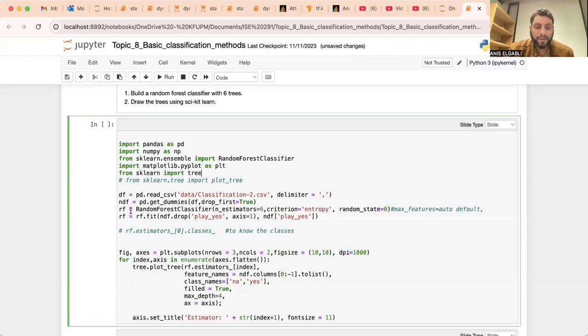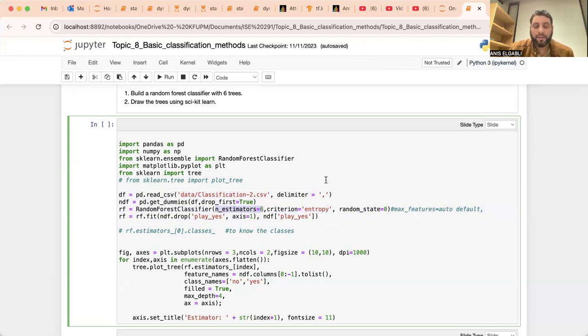The only difference is in this code here. We load our data, we encode our categorical attributes into numerical ones using one-hot encoding, and here we build the object for the classifier. We define the number of trees. Here n_estimators is equal to 6, so we are building 6 trees.